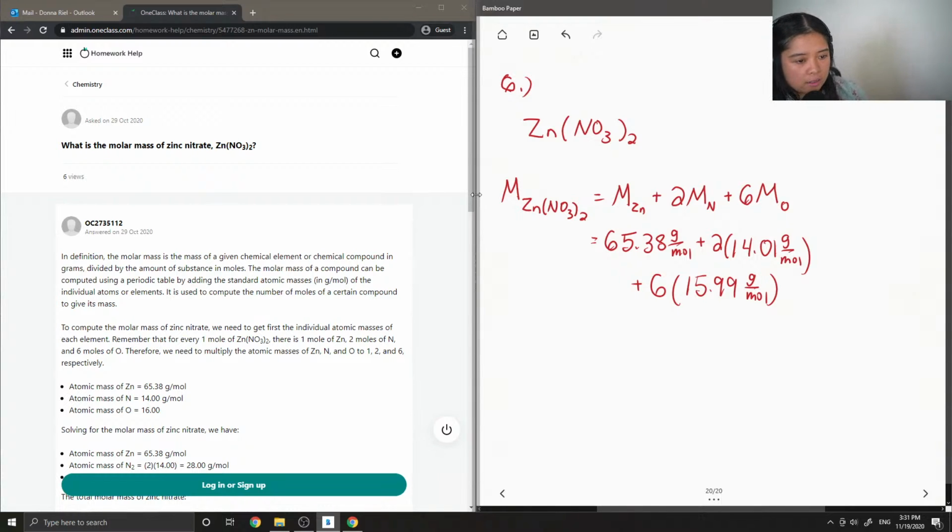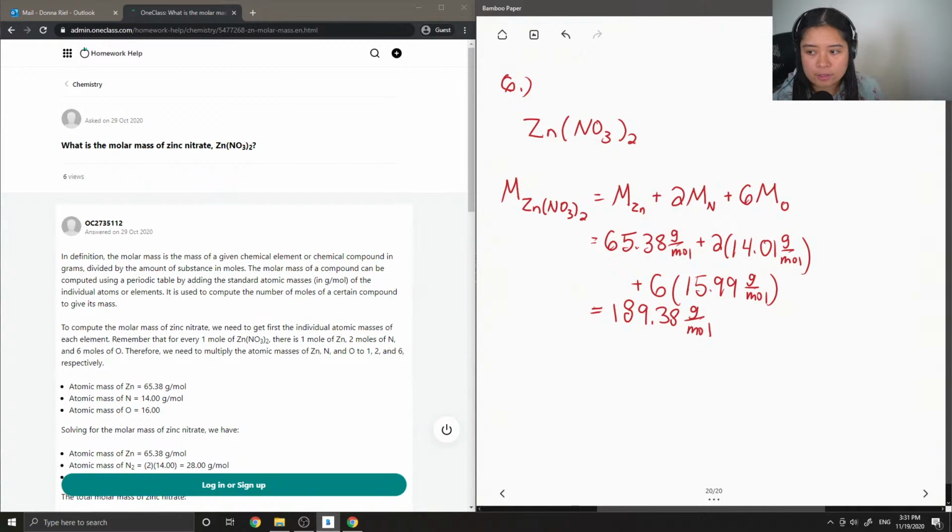Okay, so adding up all these values, we end up getting a total molar mass of 189.38 grams per mole.